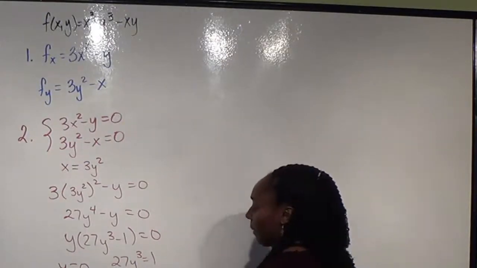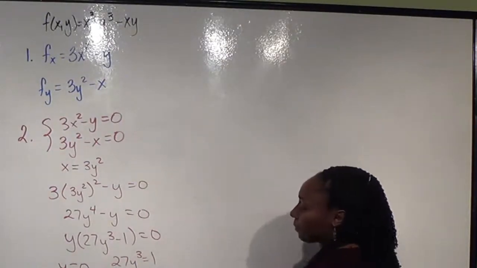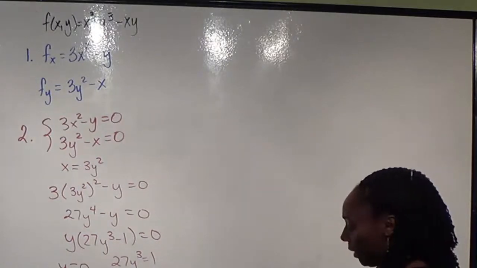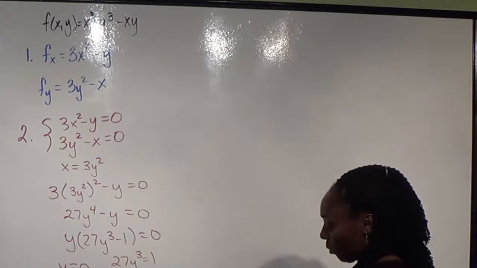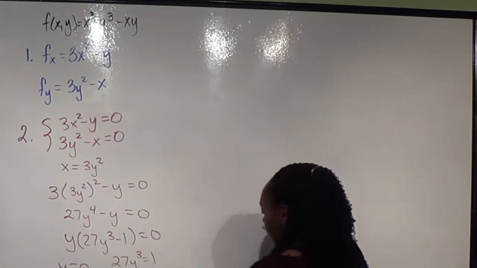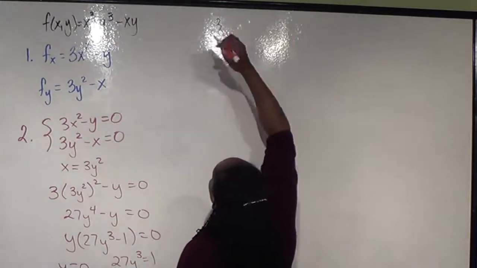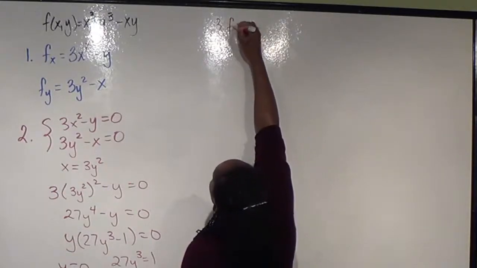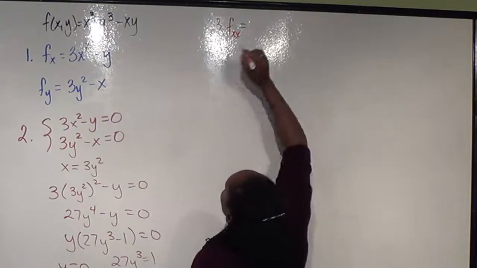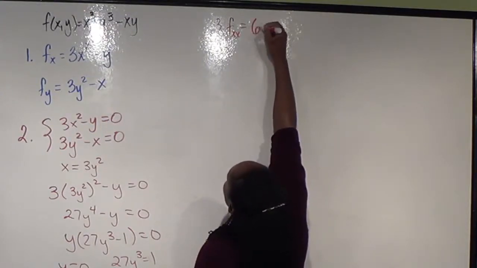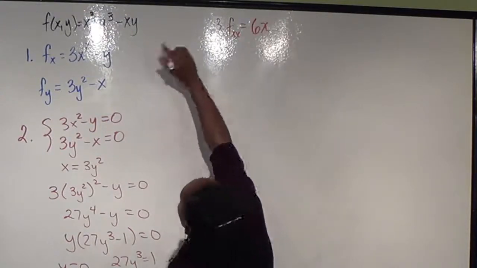Okay. From there, now that I have my critical values, I need to find my second order partials. Okay? And so I'm going to take my fx and fy that we just found and find the second order partials. So fxx means I'm taking the derivative of this with respect to x. So that's just going to be a 6x. That term is going to go to 0.